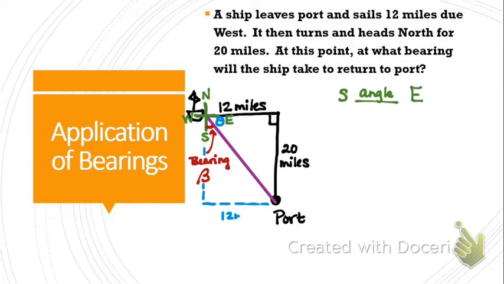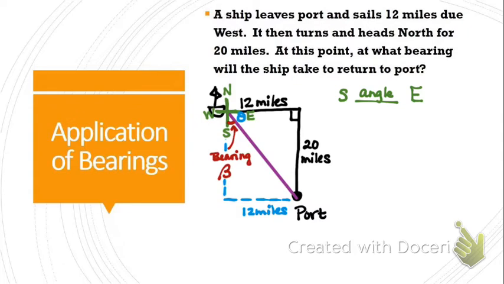This is going to be 12 miles. And this over here, let me scoot my picture over. There we go. This would be 20 miles. Now if I find the tangent of that, that is my bearing, right?